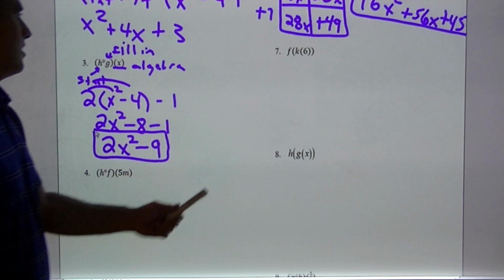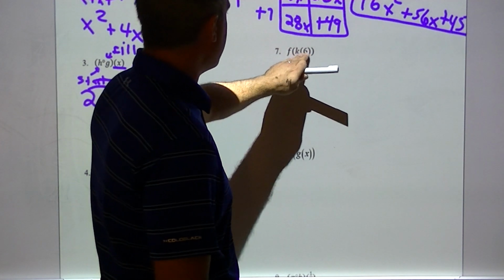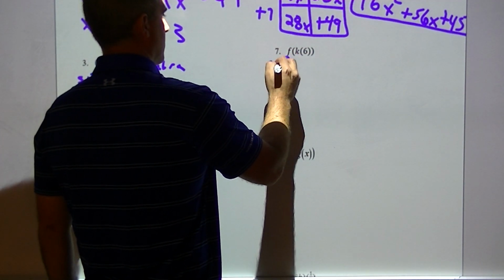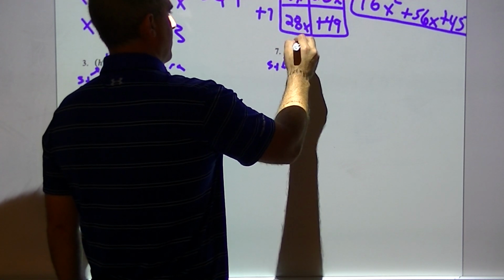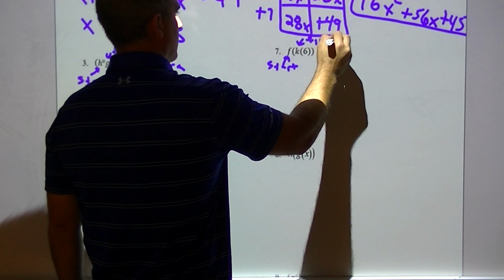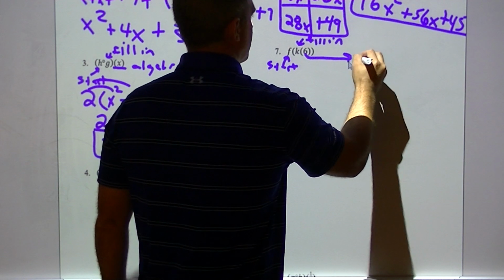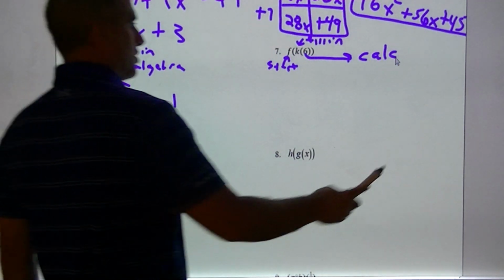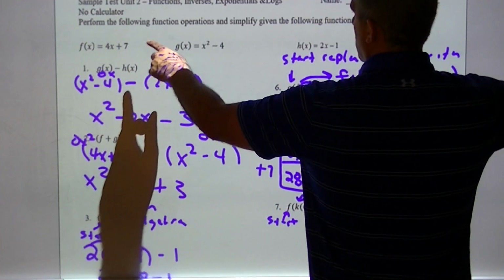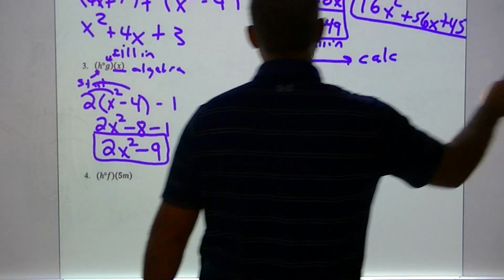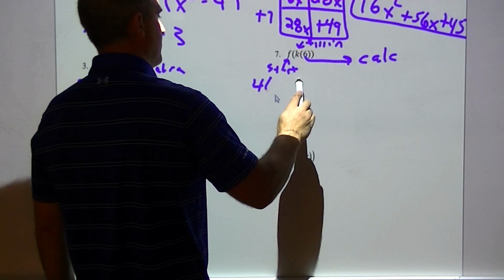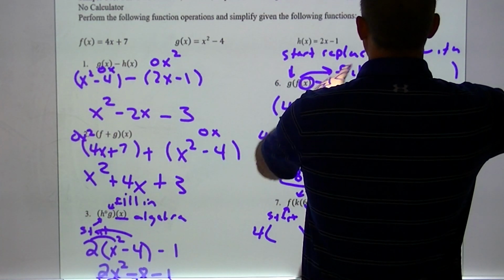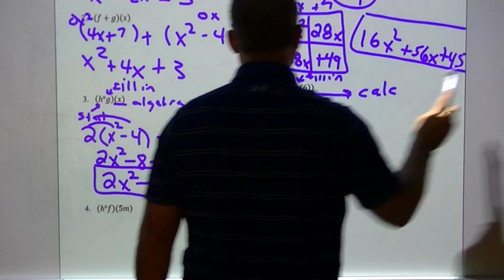Okay? This is f of k of 6. Now, this is the start. Okay, this is what you fill in. This means we're going to go to the calculator and put that in. So I'm going to start with f, which is 4x plus 7, but instead of x, I'm going to put k in there. K is square root of x plus 3.